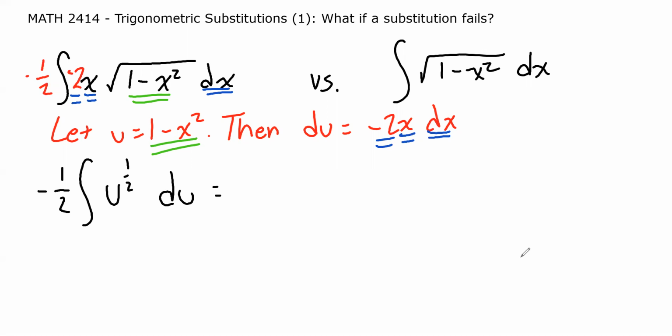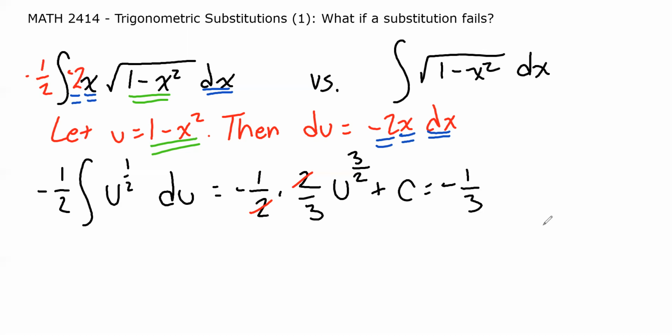Pretty straightforward integral now. We have the negative 1/2 times, add 1 to the power to get 3/2, multiply times its reciprocal, 2/3. Don't forget the plus c. And then simplify. We're multiplying, so we can cancel these 2's. That'll leave us a negative 1/3.